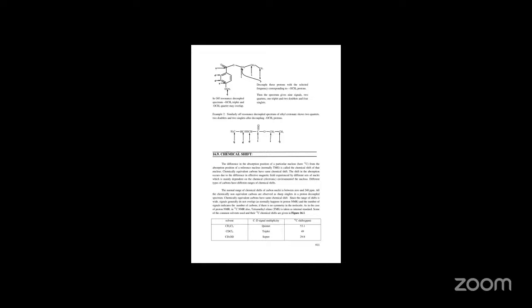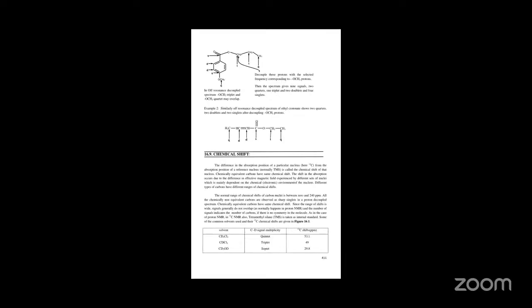Then the instrument won't recognize that particular group, so that signal becomes broad, becomes blurred. Then a reasonable space appears between the two signals. So for clear, better separation, we'll go with this one.